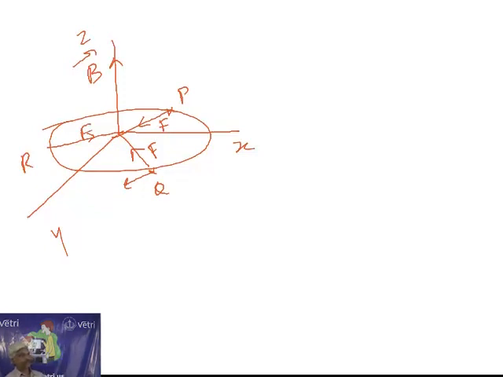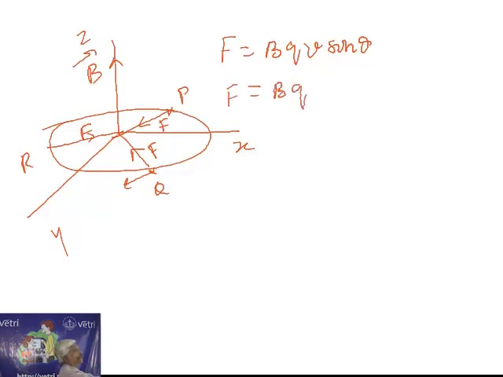We know the Lorentz force F is equal to BQV sin theta. Here theta is 90 degrees because it is circular motion. Therefore F is equal to BQV. That's all. The force which is responsible for circular motion is called centripetal force. We know centripetal force is mv squared by r, where m is the mass of the charged particle, r is the radius of the circular motion, v is the velocity.